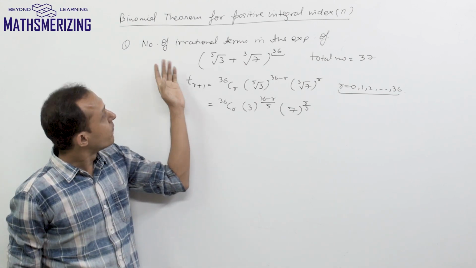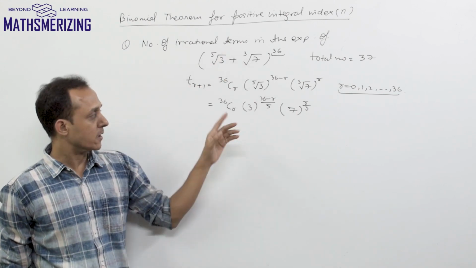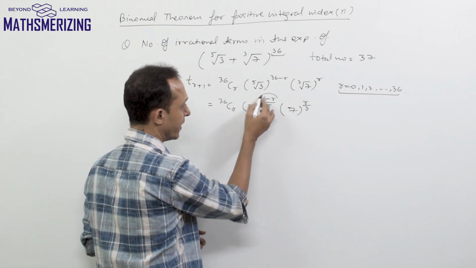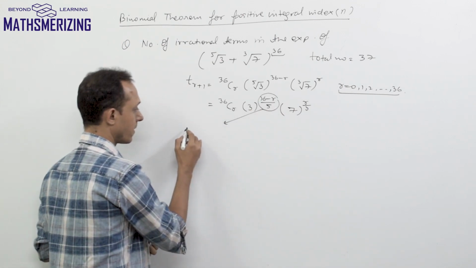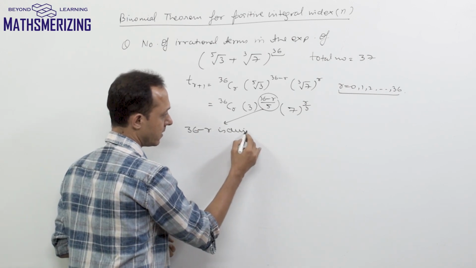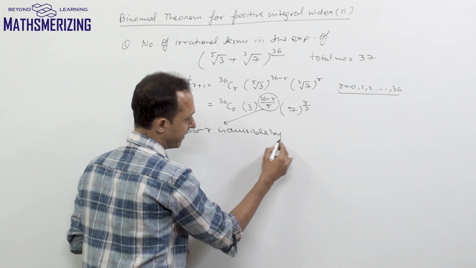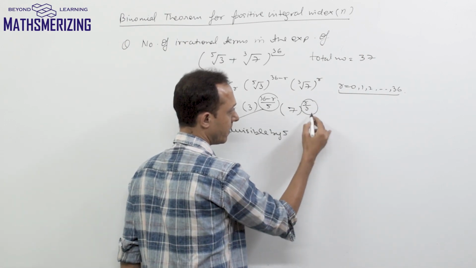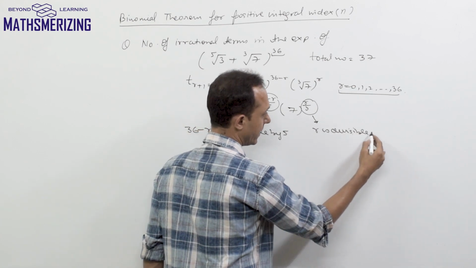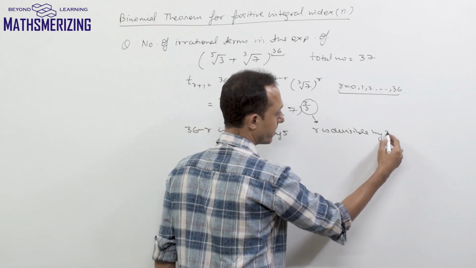Now I'll first look for the number of rational or integral terms, because that will be easy. So this series will have rational terms when 36 minus r is divisible by 5 and r is divisible by 3.